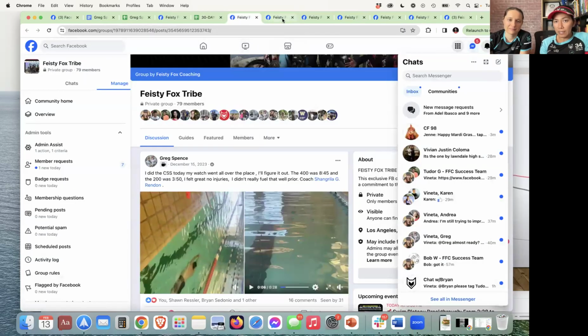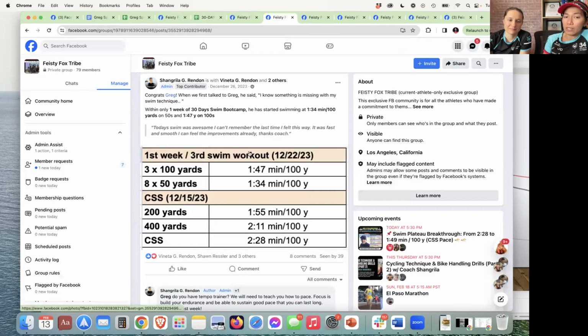Going back here, this is one of the results that Greg did in the first week. Follow me through, because it's good news, but there's a lot more work. During the first week, he said it was awesome. I can't remember the last time I felt this way. It was fast and smooth.